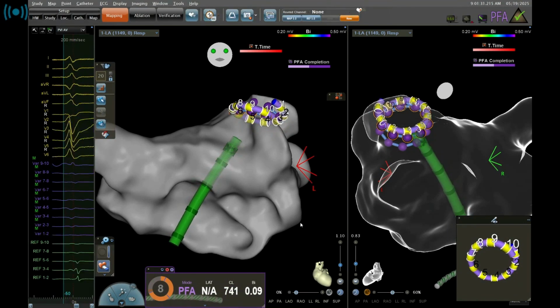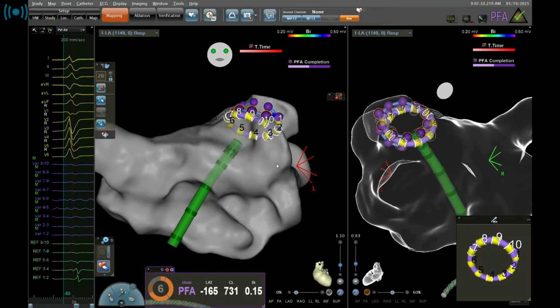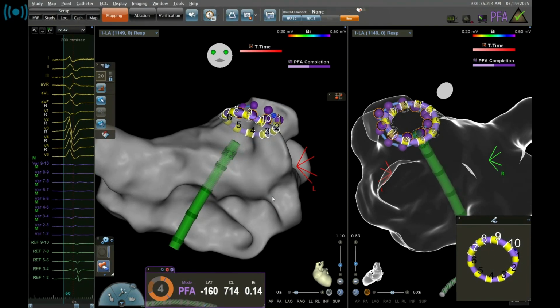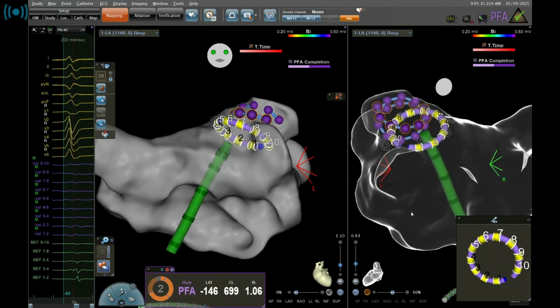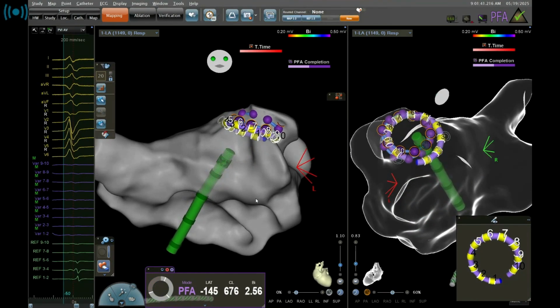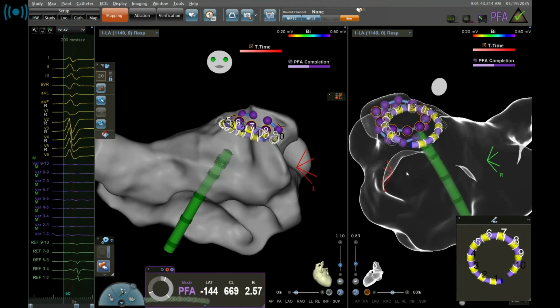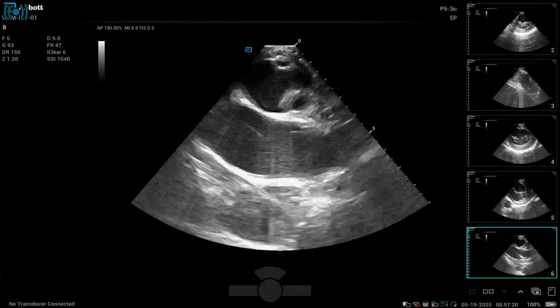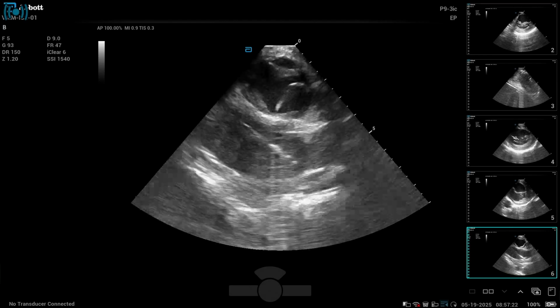Now it's very easy because I just open the variable circle catheter, and now, as you can see, I'm more antral. Please, echo. Yeah. So you are rotating posterior as well, to cover this posterior part? Yeah. Perfect.